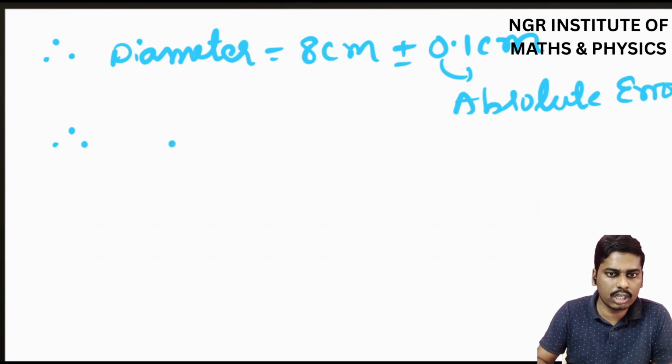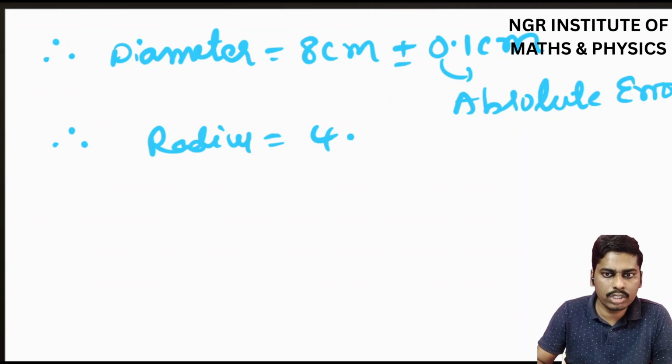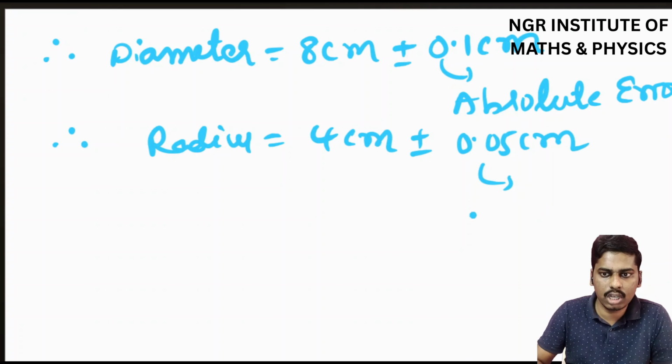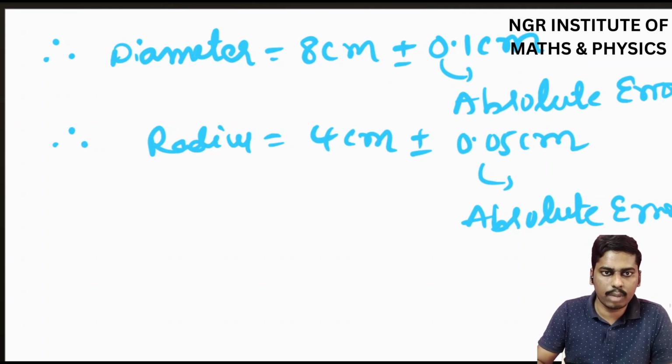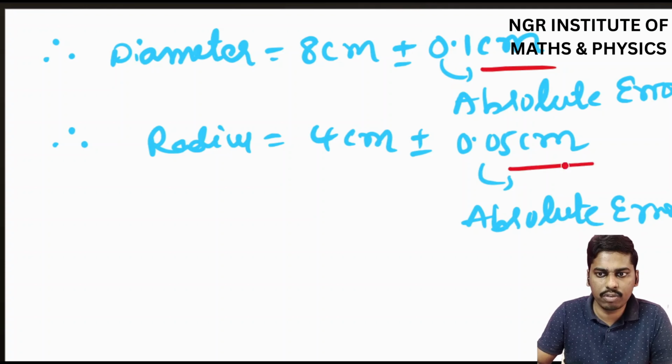And we got the radius as 4 centimeter plus or minus 0.05 centimeter. This is also the absolute error. If you see, in both cases, the absolute error is different, right? In the first case, the absolute error is 0.1 centimeter. In the second case, the absolute error is 0.05 centimeter.